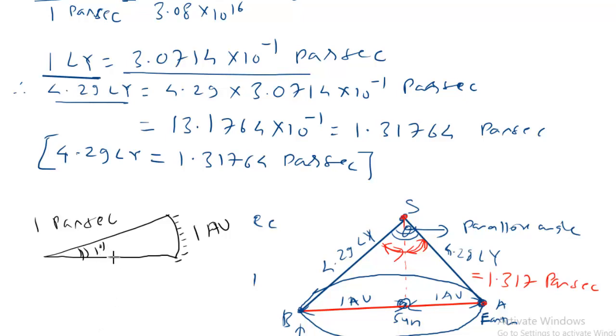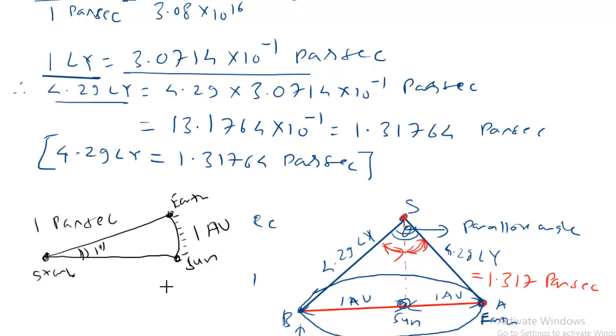So 1 parsec is the distance of a star from the Earth when Earth is at approximately 1 AU distance from the Sun. Actually we have to consider the arc length, but this arc length is much smaller compared to the 1 parsec distance.